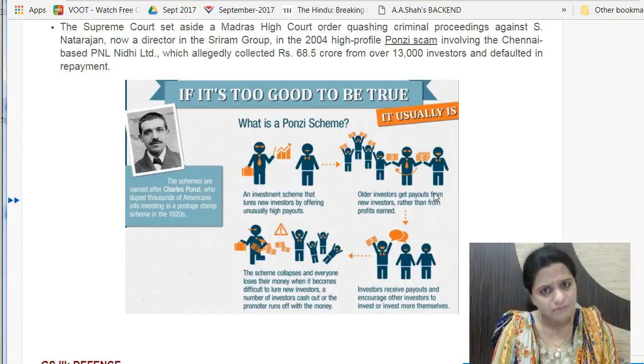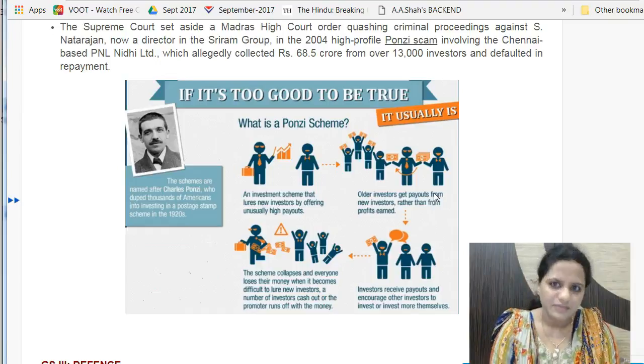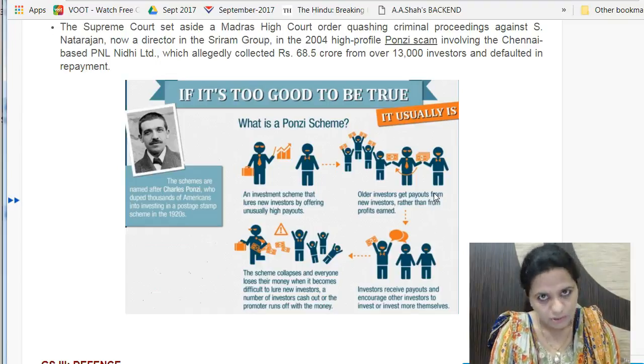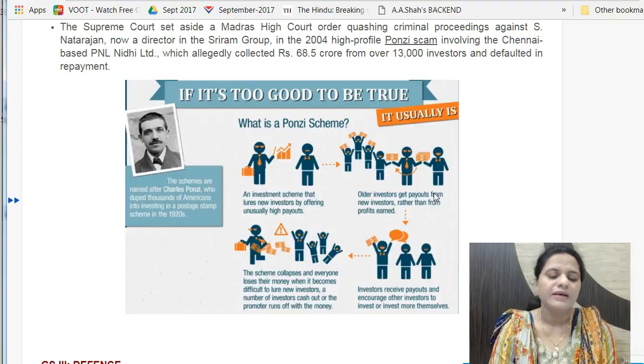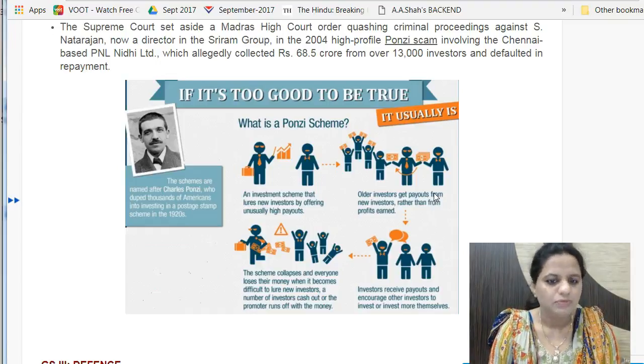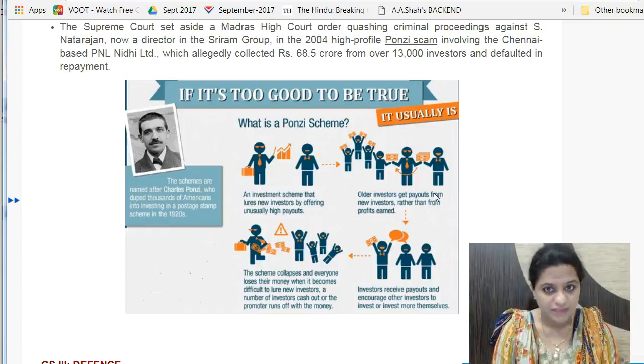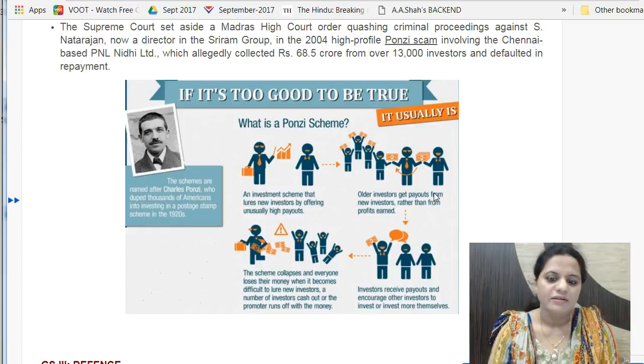What they do is, the new investors who are coming in and bringing in money, that money is used to pay up the old investors at regular intervals. In such a way it goes on and on till the time that the scheme collapses. They don't have money, and they take away all the money and run away. When they have accumulated enough, they flee.